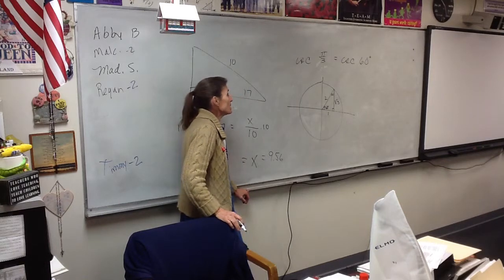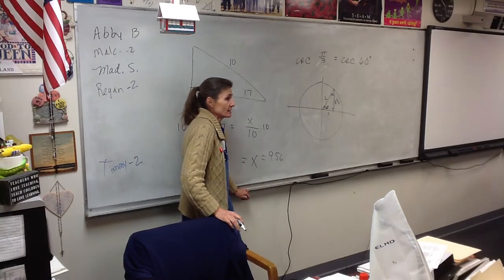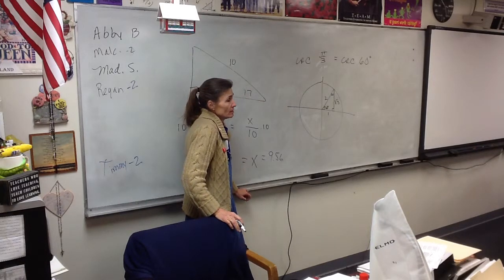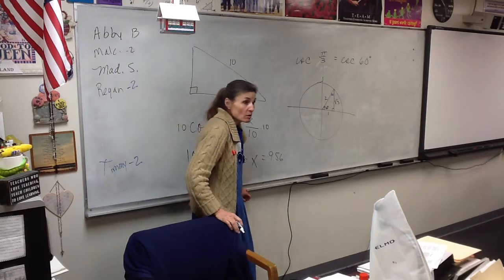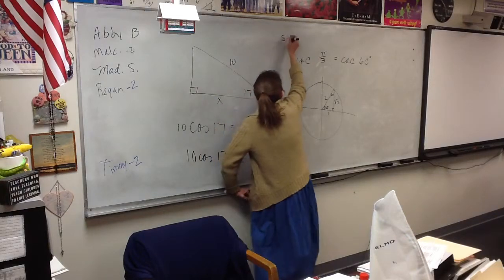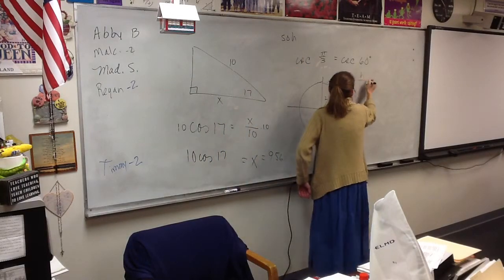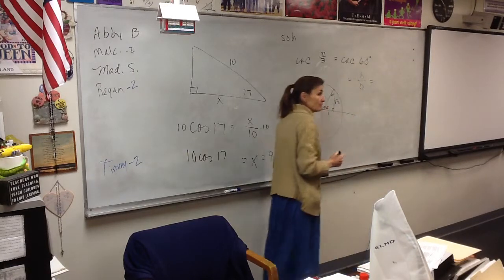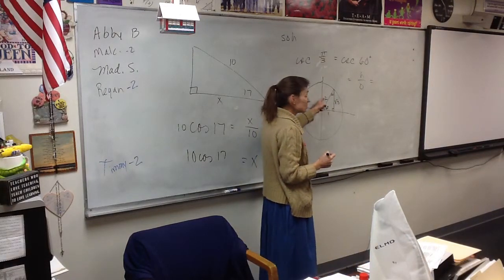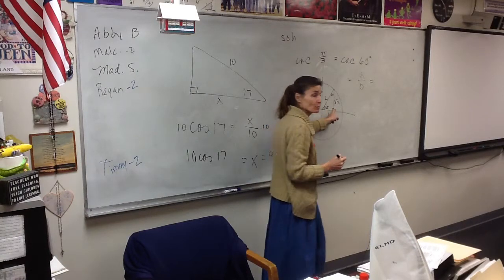Now, I want the cosecant. What is cosecant? Reciprocal of sine. Sine is opposite over hypotenuse, so I need hypotenuse over opposite. So that would be 2 over root 3.